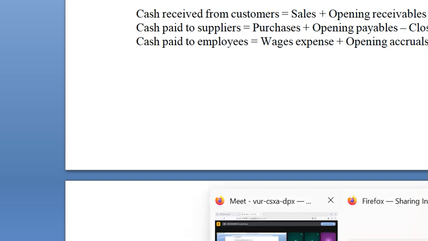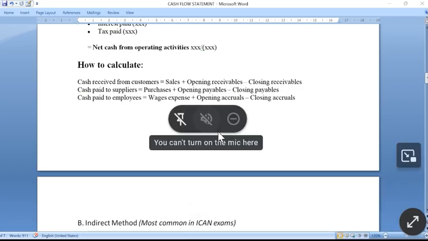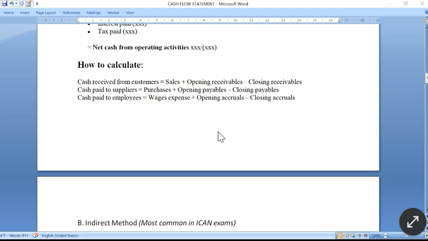Sorry about that. So take note of that. Your cash paid to suppliers is purchases plus opening payables minus your closing payables, not inventory. Please take note, it was a slip of the tongue. Opening payables minus your closing payables. That is how to determine your cash paid to suppliers.